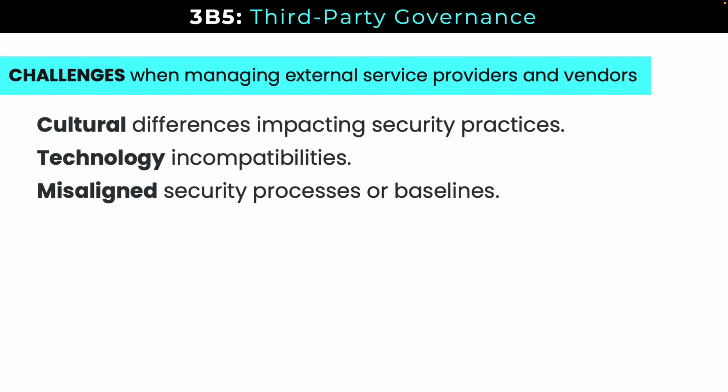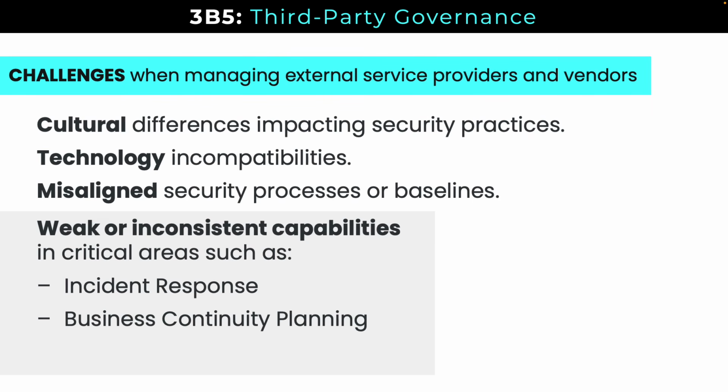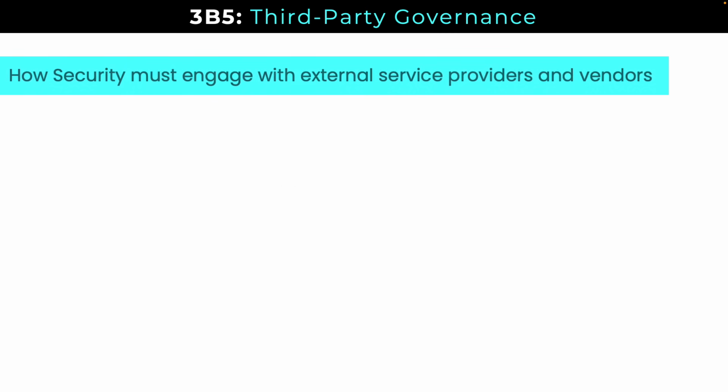Maybe their risk appetite is a bit different than ours, and so we need to bring that into alignment. But weak or inconsistent capabilities in critical areas like incident response, business continuity planning, and disaster recovery are all potential areas of risk we need to look out for as we are managing those third-party relationships and selecting our vendors.